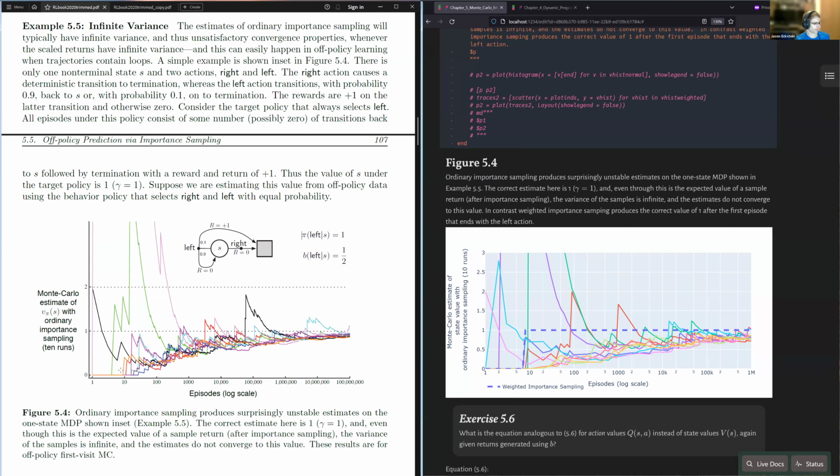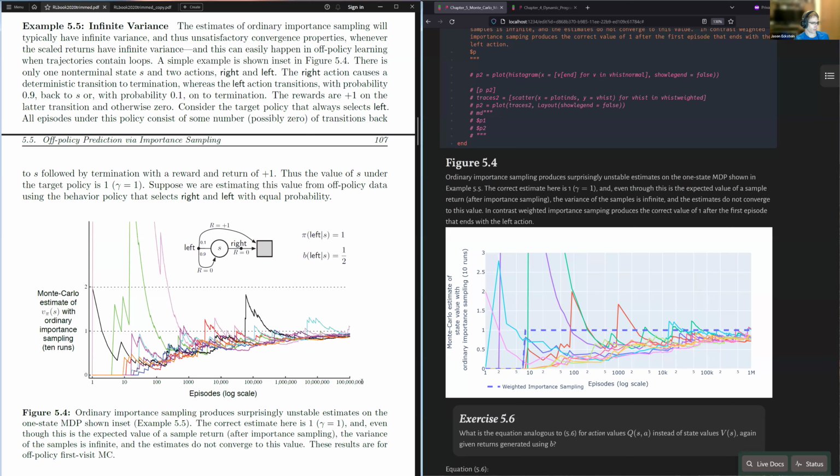You could see this black line was sort of converging to 1, and then it spiked up, and then it converges to 1 again. But there is no number of episodes that you can take that will eliminate these spikes, because you could always observe a weight which is large enough that it would dwarf the n in the denominator, right?